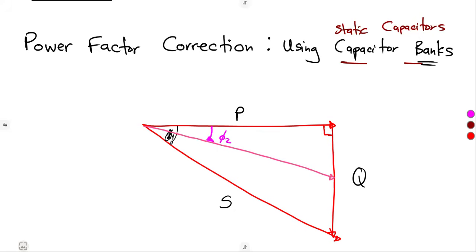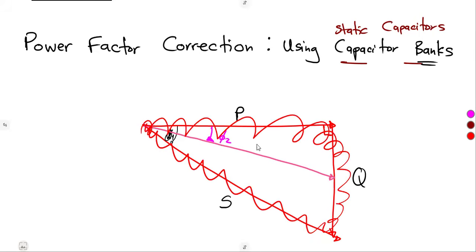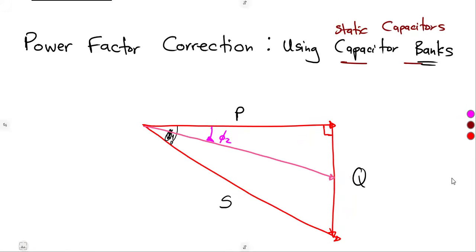So I want us to see what exactly happened here. This is our original diagram, the outer triangle. As these capacitors are being installed, previously we were having this part as our apparent power.